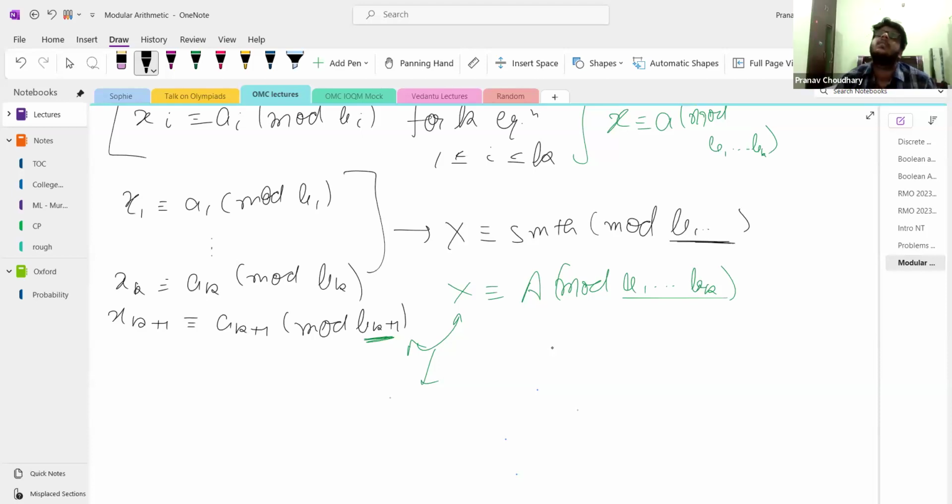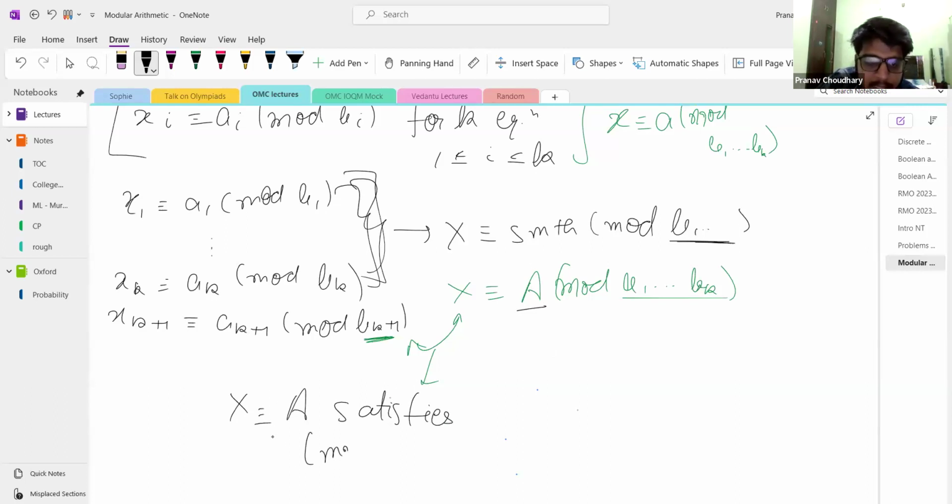Relation in what sense are you asking? Like this A is sort of constructed from these things. Like I say x equals A satisfies all these above equations, and now I can just generalize and say that x is congruent to A mod the product.